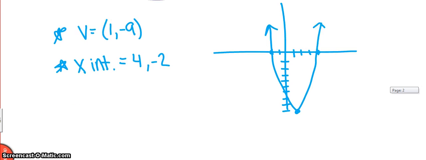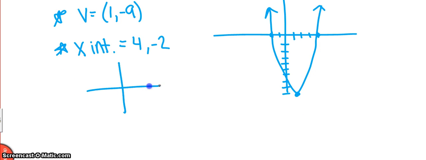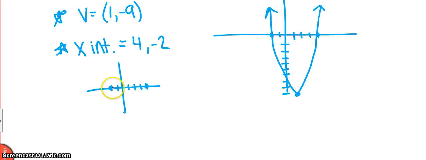Now, there are many different things you could be given. Vertex, x-intercept, or you could be given just x-intercepts. Let's say I was just given that our x-intercepts are negative 2 and 4. If you were given just x-intercepts, I want you to think, would that be enough to draw one parabola? Could I draw more than one picture that goes through these 2 points?